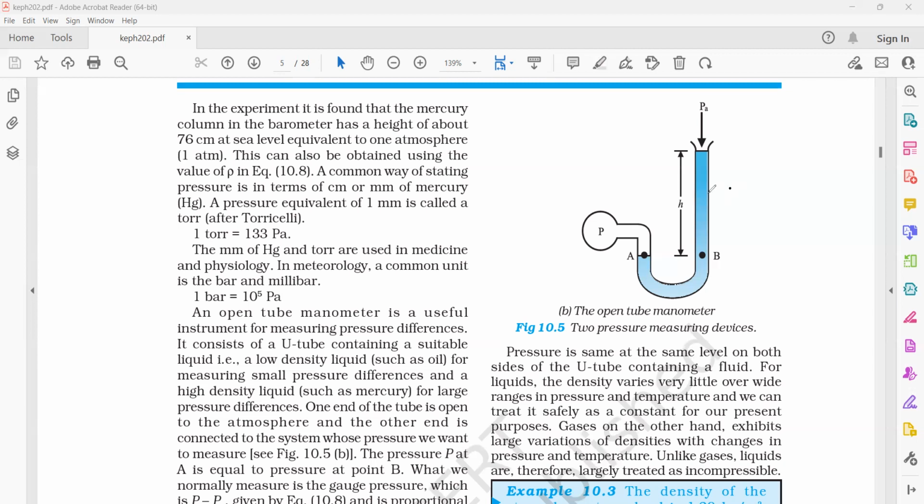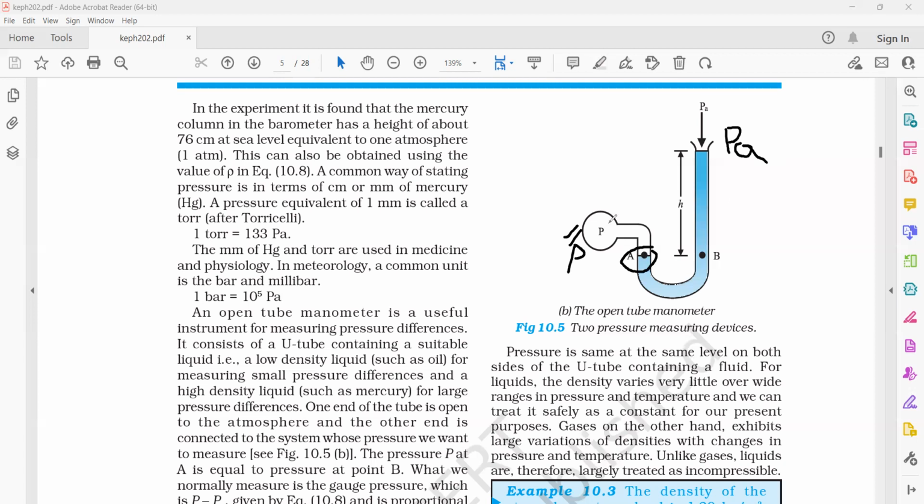Here we have a U-tube, in which on one side the pressure is P, and on the second side the pressure is P_A. Now we want to measure the difference between P and P_A.